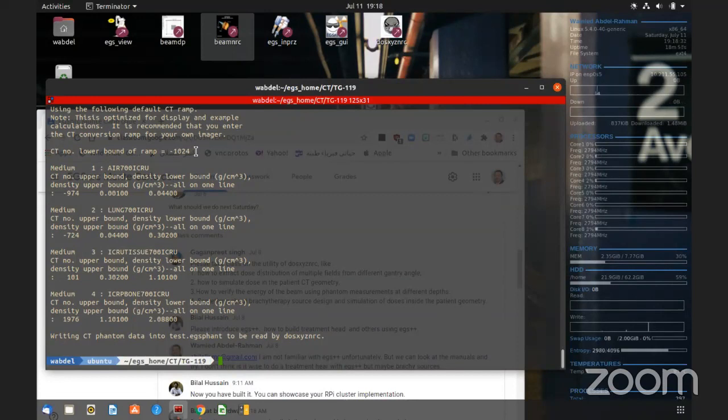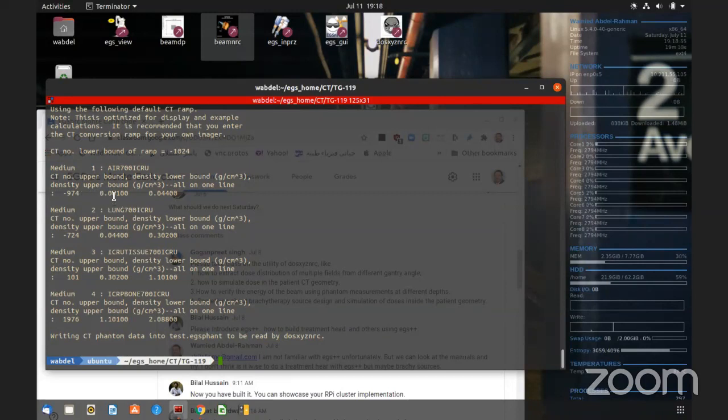So this is basically the lowest value. Medium one is air. And that will go up to, so from minus 1024 up to minus 974. So if the CT number lies within these two values, please put air for that voxel.